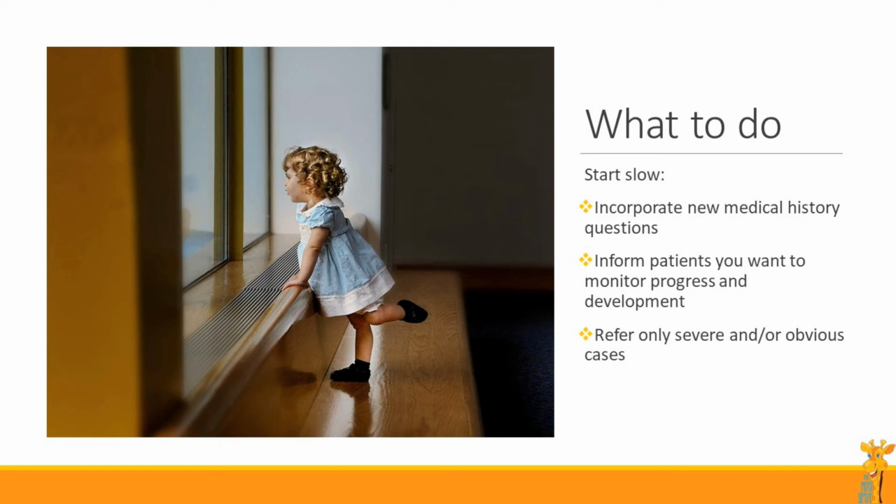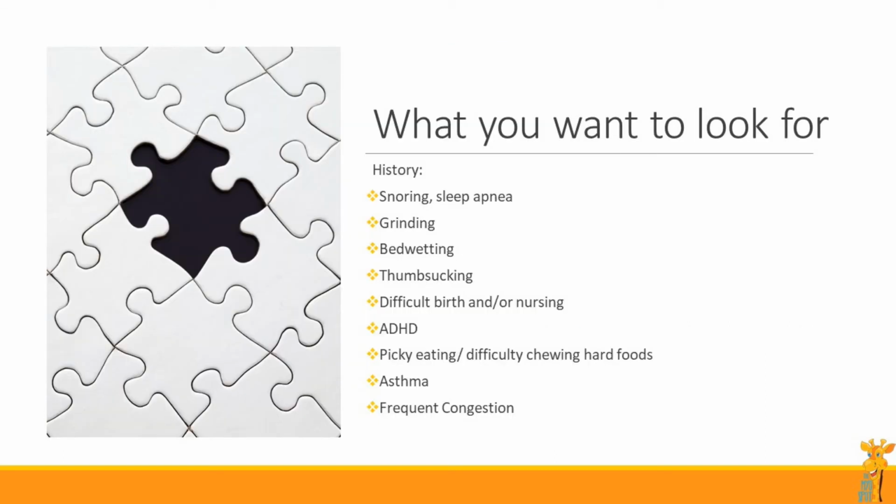When you're looking in your medical history for questions to implement, you want to start asking questions about how they sleep. Are they snoring at night? Any grinding? Was there bedwetting past age 6? Any prolonged thumb sucking or pacifier usage? Was there a difficult birth or trouble nursing or latching?